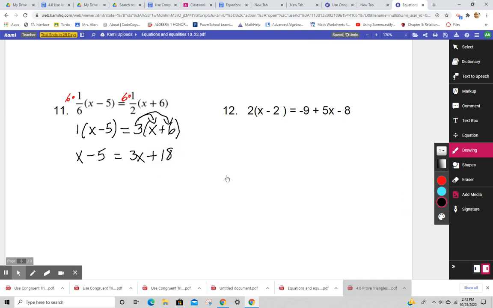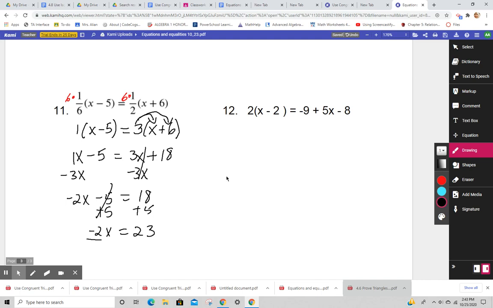And let's subtract 3x from both sides to get all of our x's on the same side. So that's 1x, that's negative 3x, that'll give us negative 2x minus 5 equals 18. Add 5 to both sides. That'll give us negative 2x equals 23.